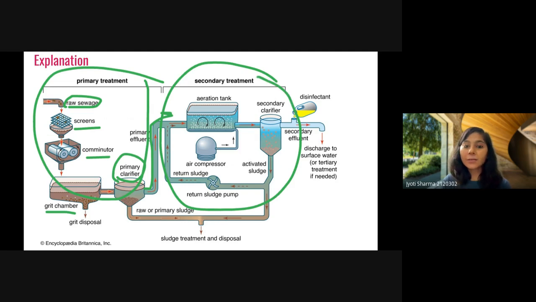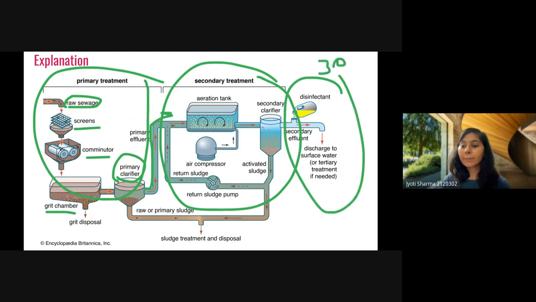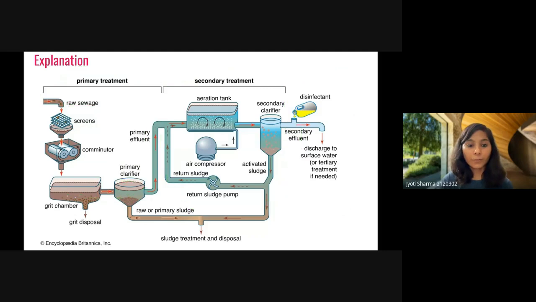In secondary treatment, we are using some microorganisms. Okay, and then we will have the disinfection. This will come under the tertiary treatment. So these three steps we have to follow if we want to treat the wastewater. And within this primary, secondary and tertiary, we have a lot of steps that we have to follow.